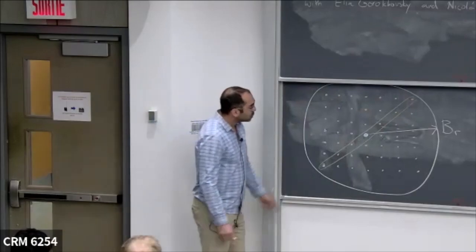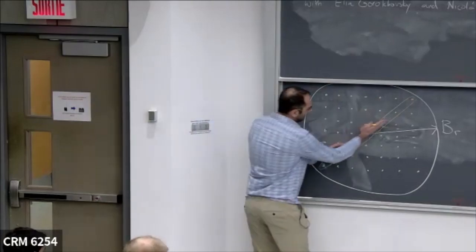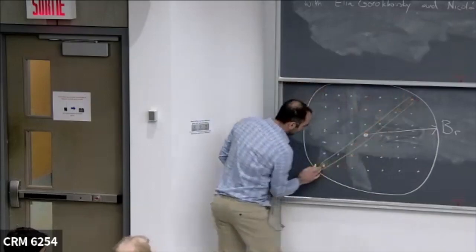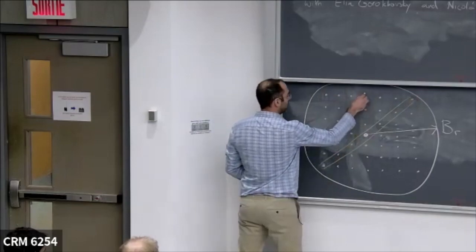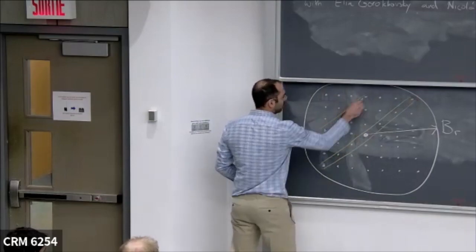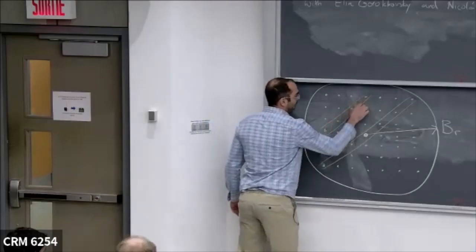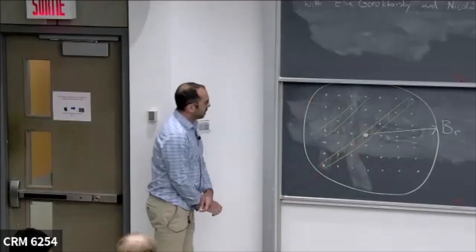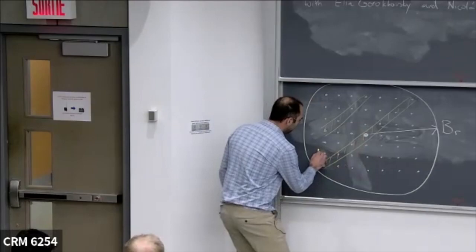And then I'm going to look at cosets of infinite index subgroups, which means I take this and I shift it. It continues, and a coset of this subgroup is something like this, right? And here's another coset of an infinite index subgroup.